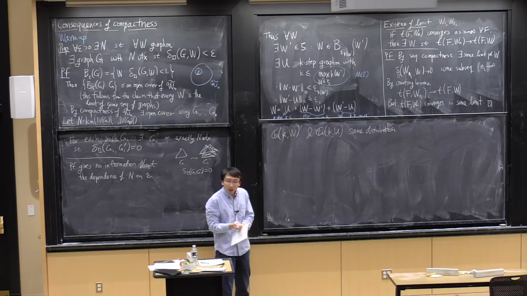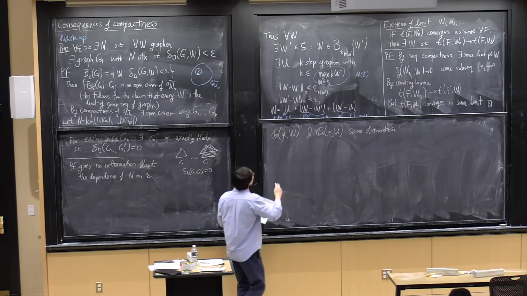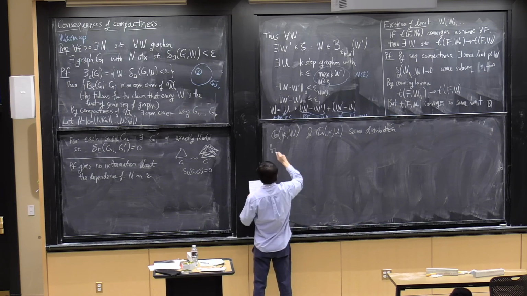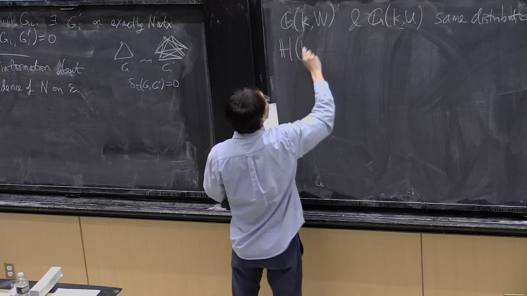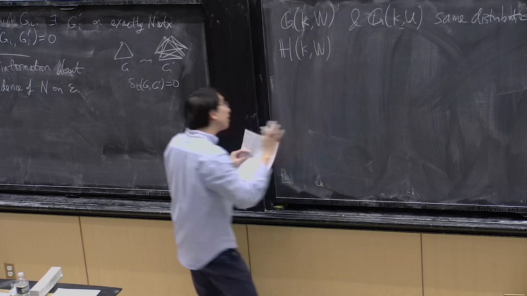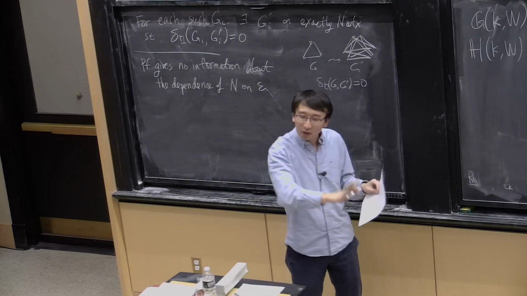I'm going to create a variant of the W random graph, which is something called an H random graph. It's kind of like the W random graph, except I forget the very last step.